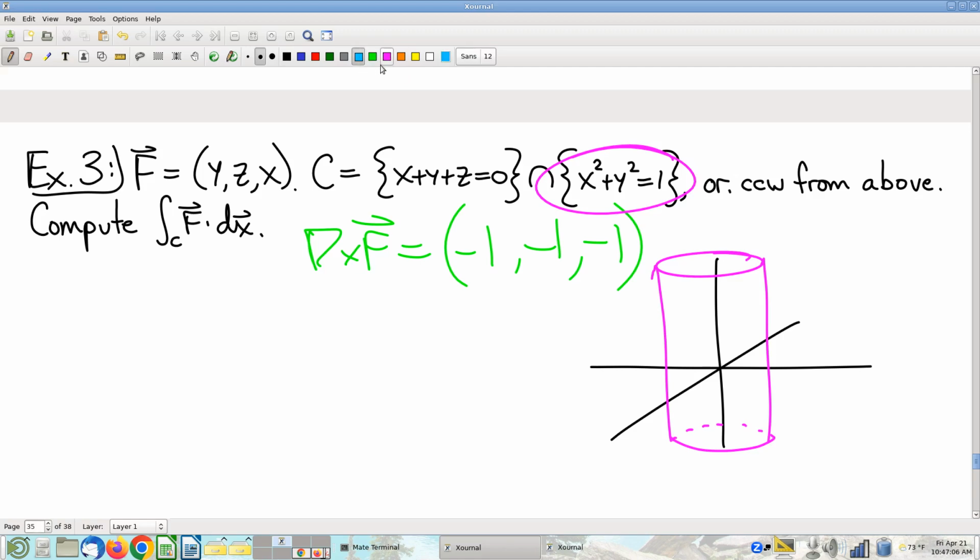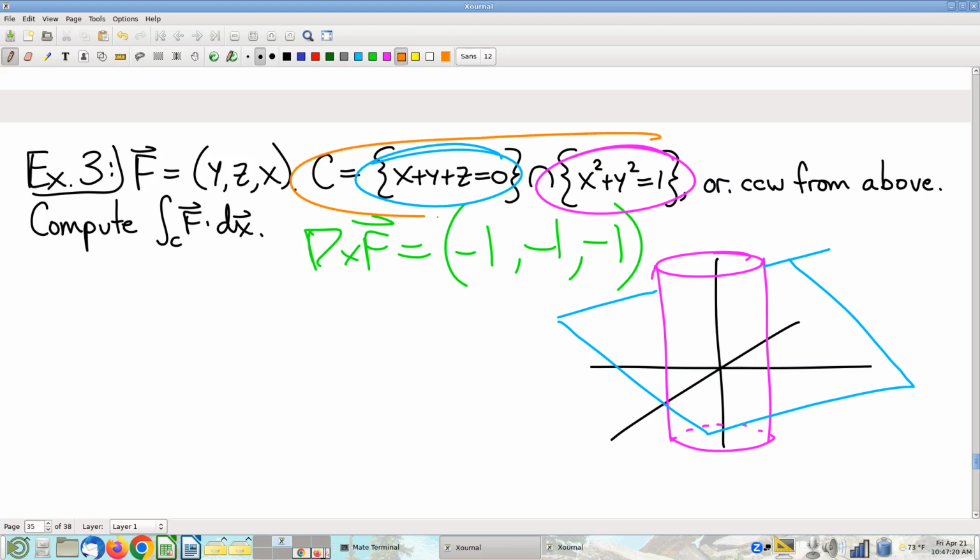And we have a plane. Okay, so this will be hard to draw. Something like that. My curve is the intersection of these two things. How does this plane cut through that cylinder?